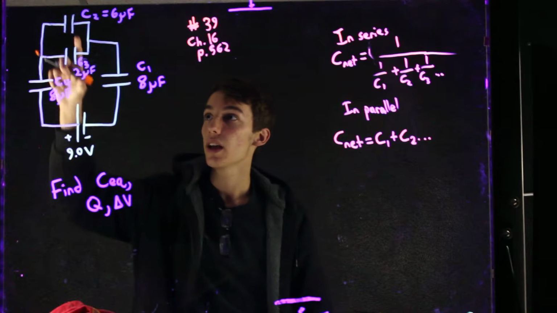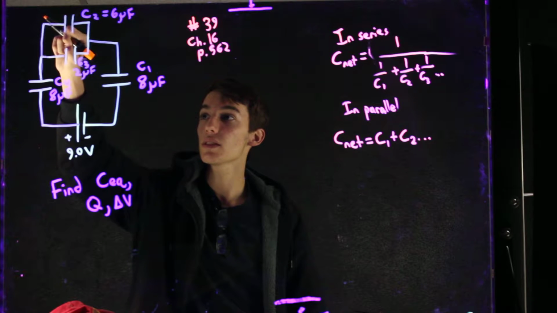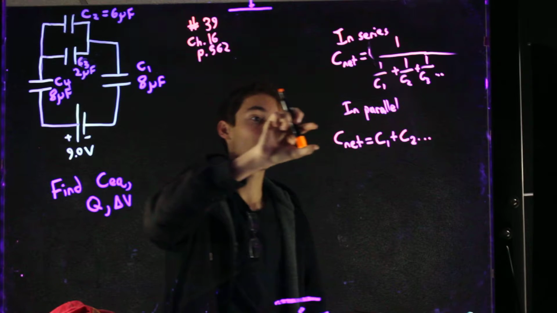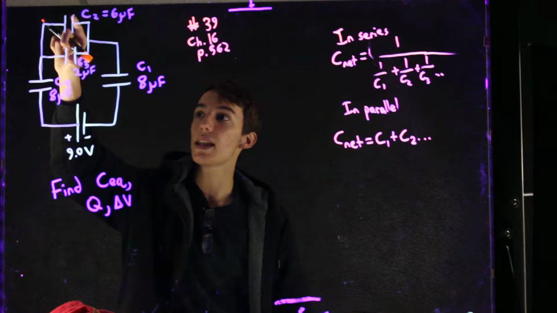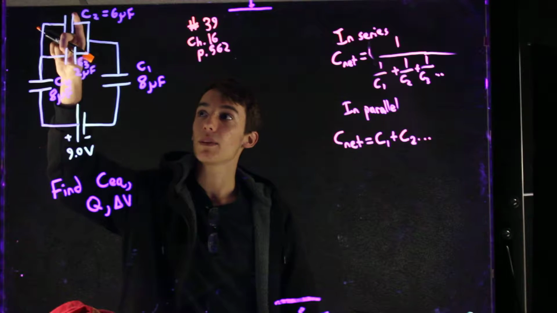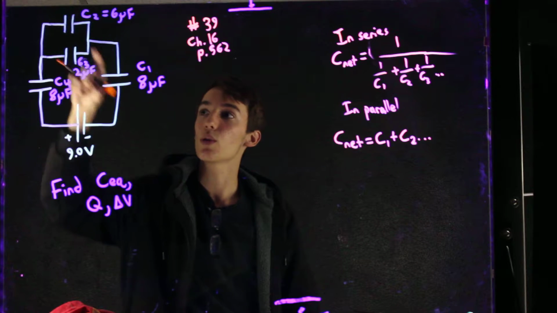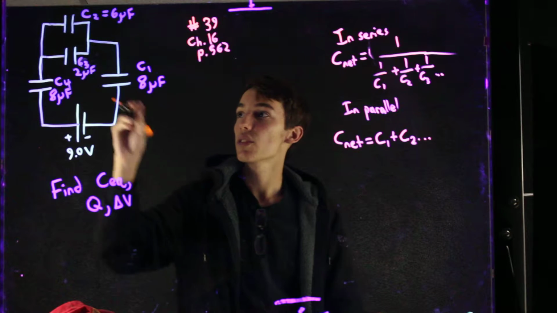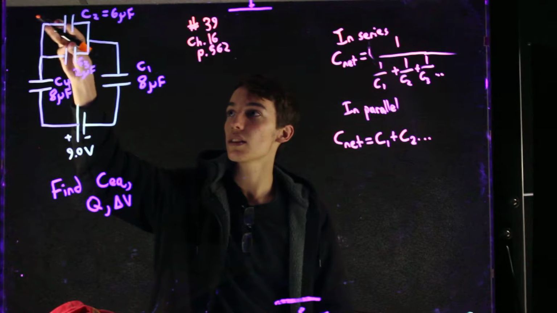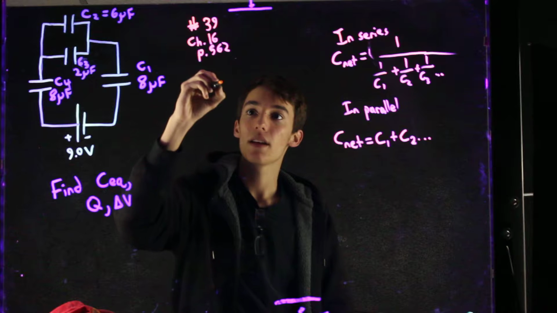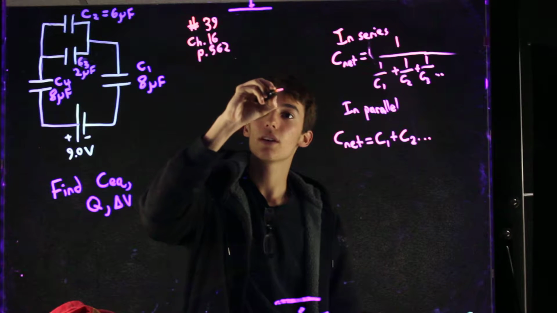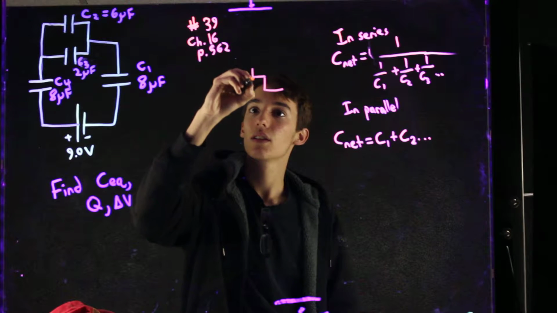So we first want to simplify parts of this that we can, and then we're going to combine it all together. And so right here, we can turn this combination of capacitors, which are in parallel, into a net capacitance. We can find a little capacitor that is equivalent to these two capacitors. So the net capacitance across this parallel branch segment is going to be equal to, and I'll draw it out here again for you.